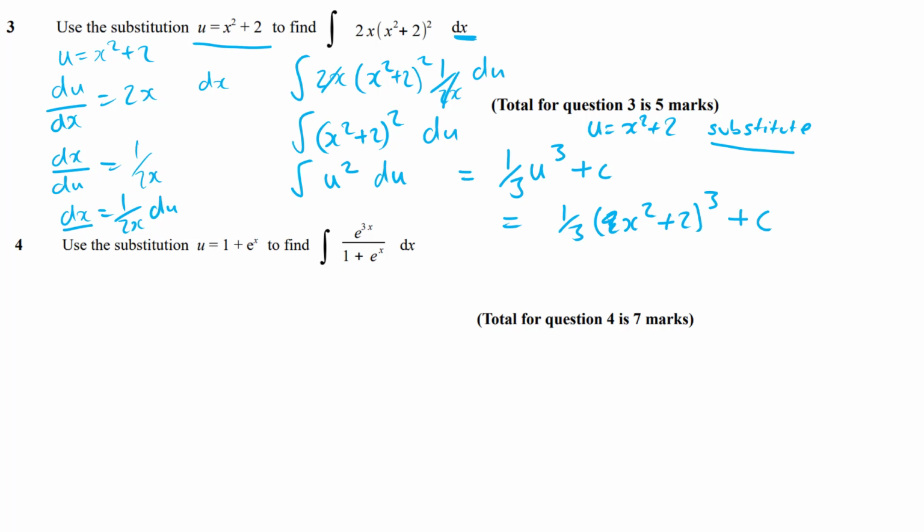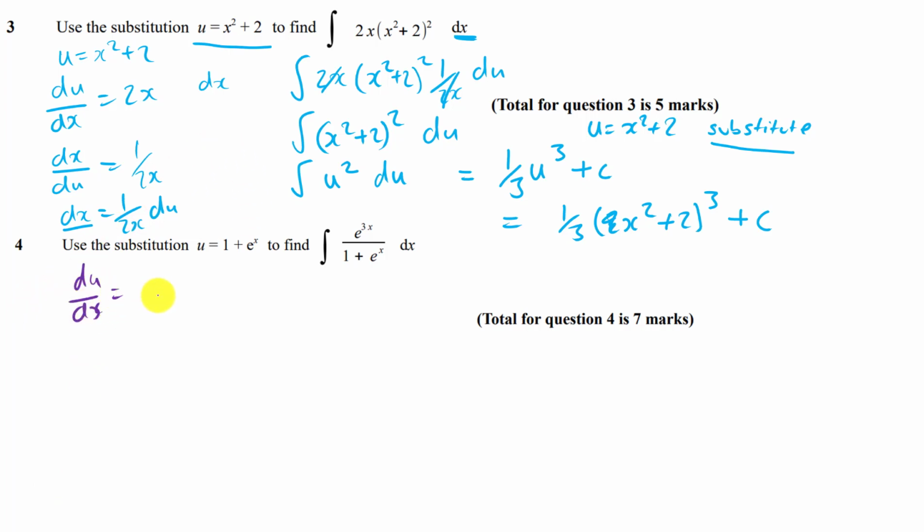I've started the next one. I'm just a bit stuck. Okay, let's see what you got up to. I said du by dx equals e to the power of x.